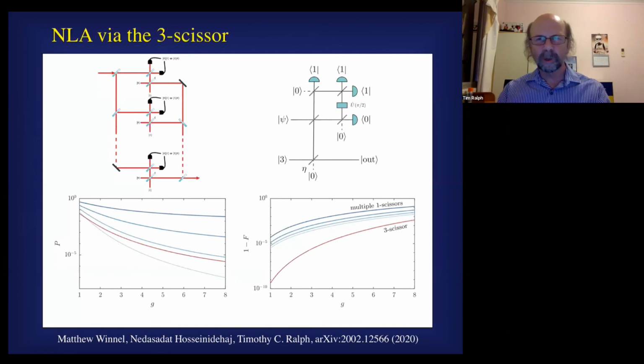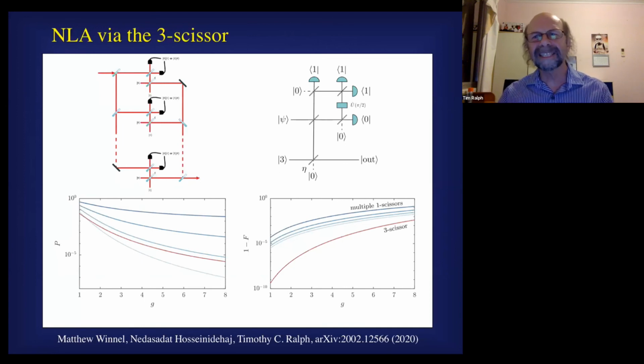The first question, actually, there is a direct relationship with another protocol, this 3-scissor, but that's the tele-amplification protocol that has its history going back to the cat computing papers of the early 2000s, but it was demonstrated by the group of Sasaki.